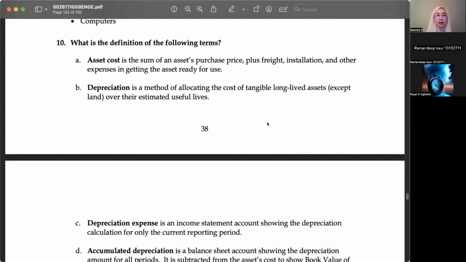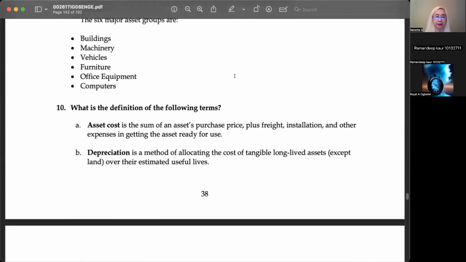Land actually increases in value. So in most of your assets, so here you have buildings, machinery, this will all depreciate or will lower in value as you use it over time. But with land, as the years pass by, it will actually appreciate in value.